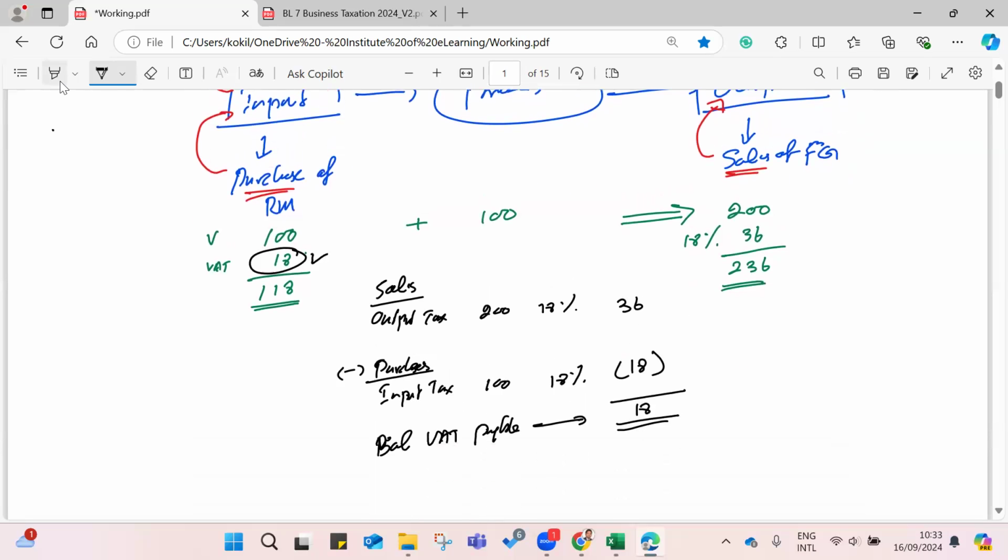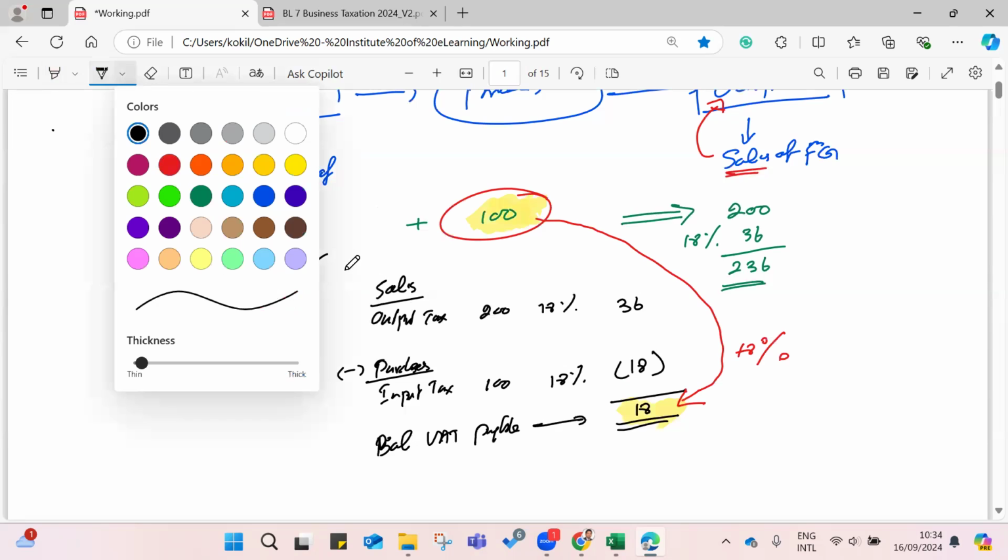You are paying VAT on the value addition effectively. Then how much you value added to this particular raw material, that is the VAT component. If you directly compute how much value addition into 18%, you will end up with 18 million. Don't compute like this, but in the exam, or practically, you need to compute the way I did.